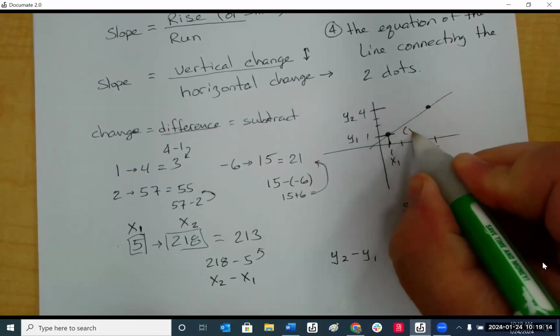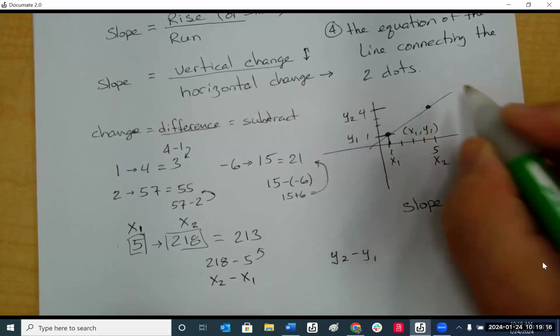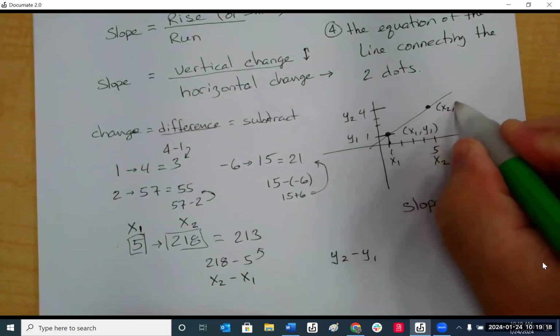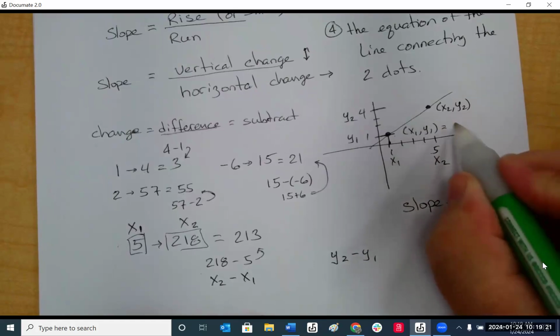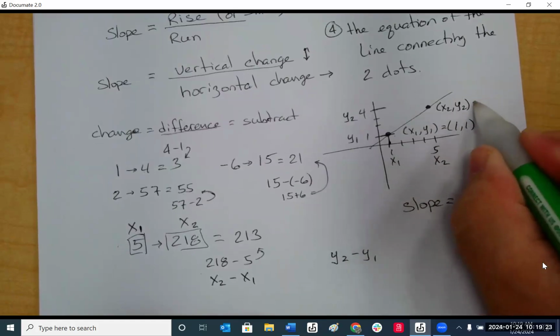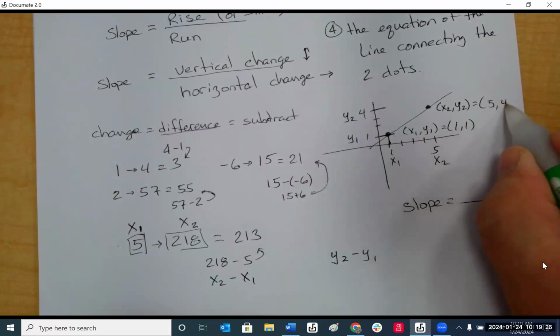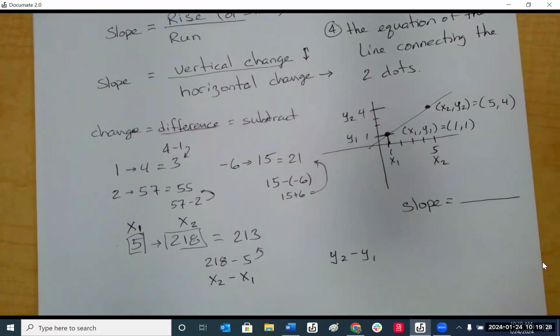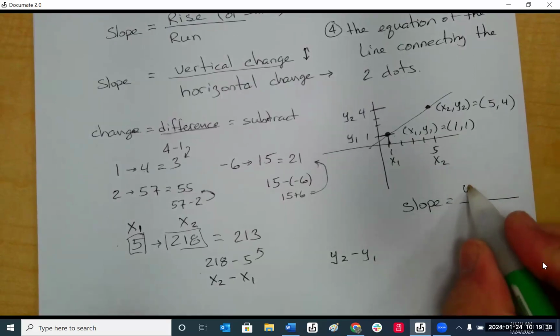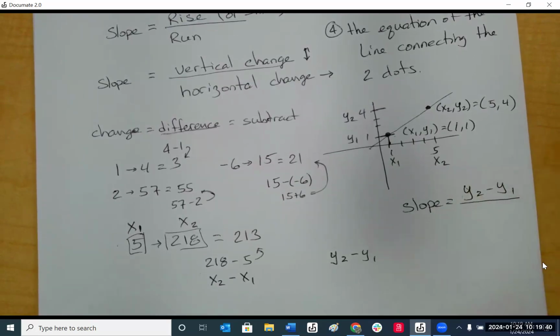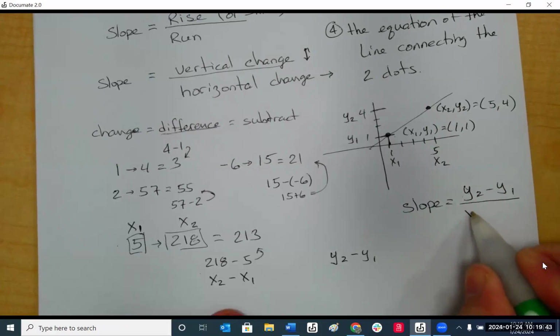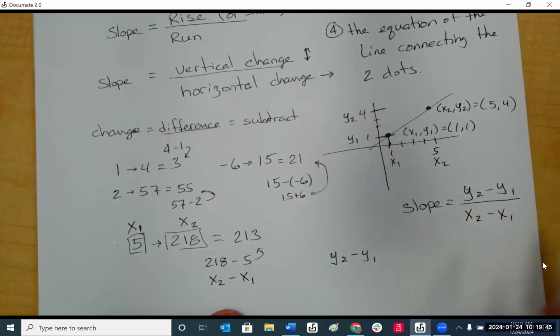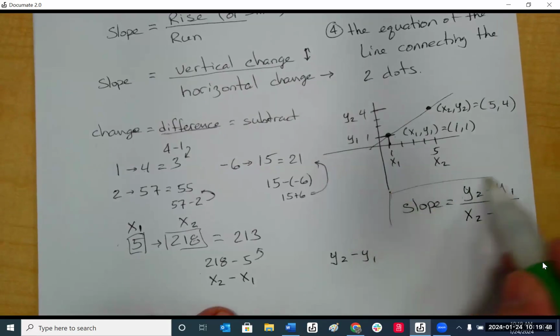So this point is x1, y1, and x2, y2: 1, 1, 5, 4. So what would the vertical change be? y2 minus y1. The horizontal, x2 minus x1. So there's our formula for the slope.